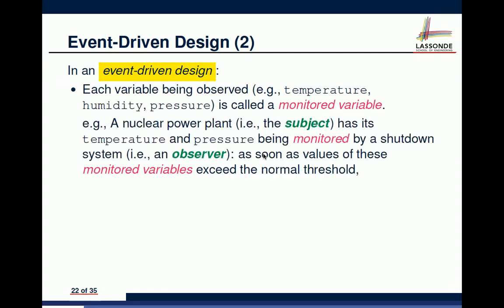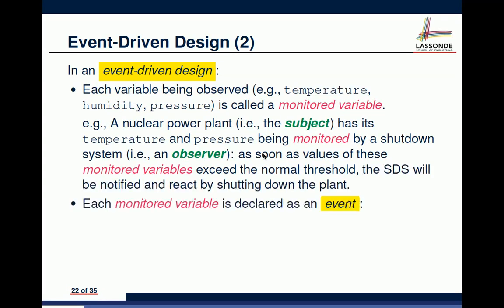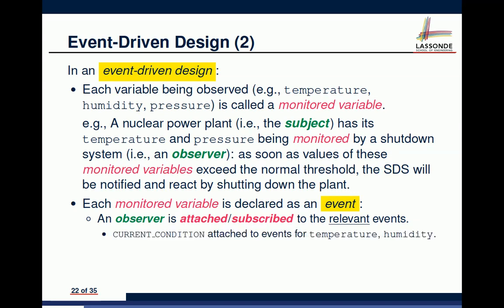Okay, basically what you will see is, let me just read from here. We're going to see that every observer is going to be attached and subscribed to the relevant events. In our case, we got three possible events. We got temperature, we got humidity, we got pressure. Okay? And then, for example, current condition should be attached to temperature and humidity only.